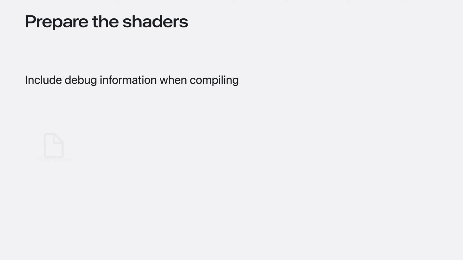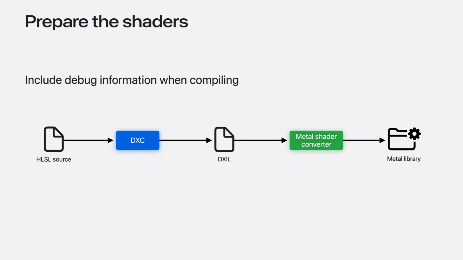It only takes one step to prepare your shaders for debugging and profiling in Xcode. Add -zi and -Qembed_debug as arguments for the dxc command. Then, Metal Shader Converter takes care of propagating the debug information to the Metal libraries. After rebuilding your shaders with debug information, you're ready to start debugging and profiling.